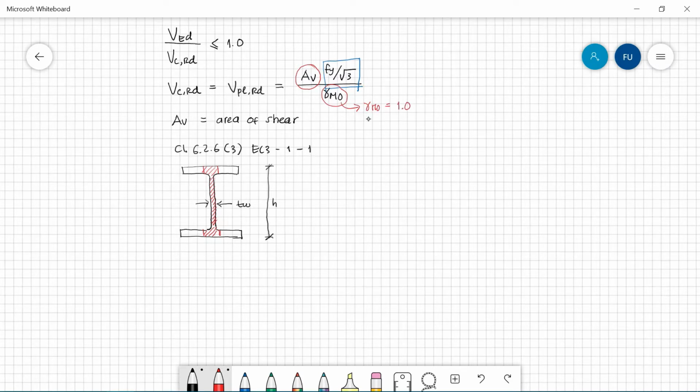You can find this in clause 6.2.6.1 note 2b, Eurocode 3 part 1.1.